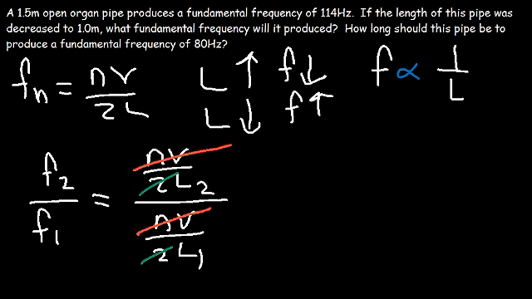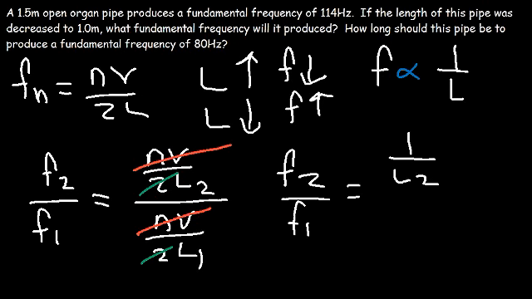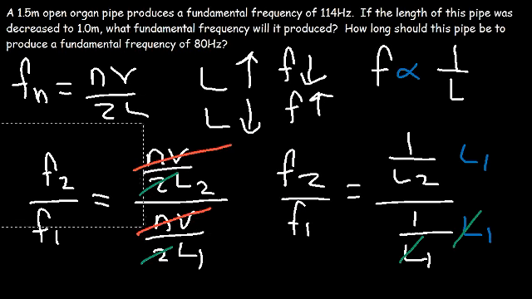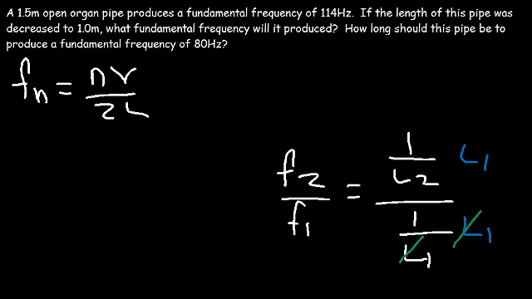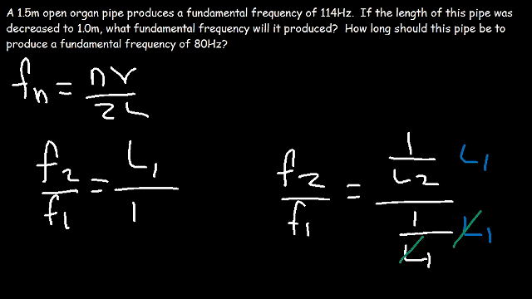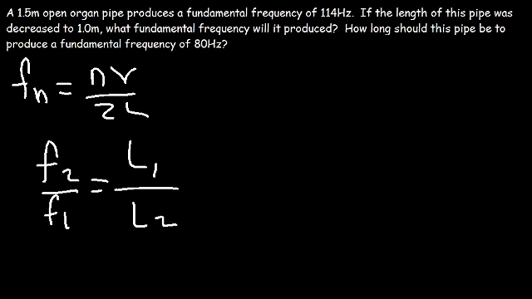We can cancel 2, so we could say that F2 over F1 is 1 over L2 divided by 1 over L1. If you multiply top and bottom by L1, you're going to get this equation. F2 over F1 is equal to L1 over L2. The fact that the subscripts are opposite to each other shows the inverse relationship. So that's the equation that relates two frequencies to two different L values.